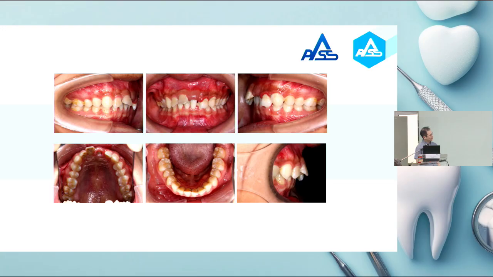His right central incisor has an enamel dentin pulp fracture, and the left central incisor has a crown root fracture with pulp exposure. He wanted to restore his upper anterior teeth, and his prosthetist told him that he needed orthodontic treatment to open the deep overbite before restoration.